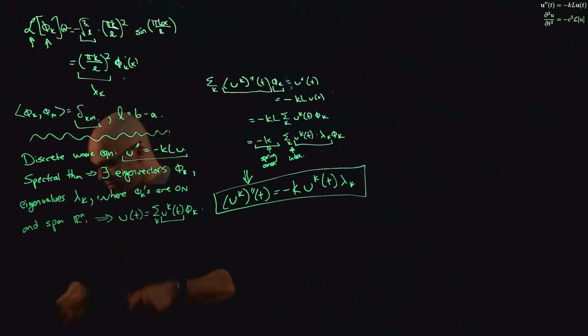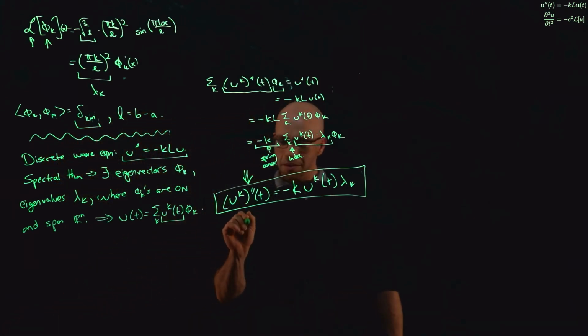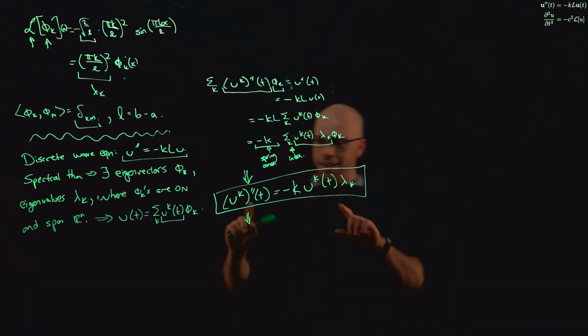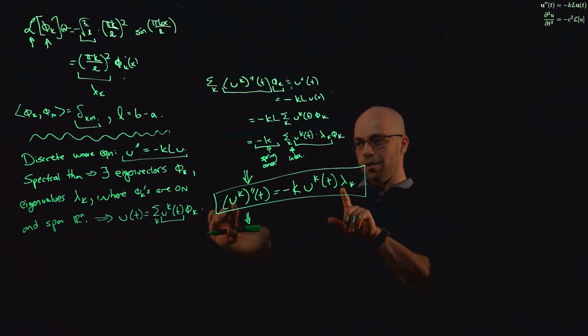What does that mean in more detail? So in particular, one thing you might recall from your undergrad ordinary differential equation class is that this is just an ordinary differential equation in time.